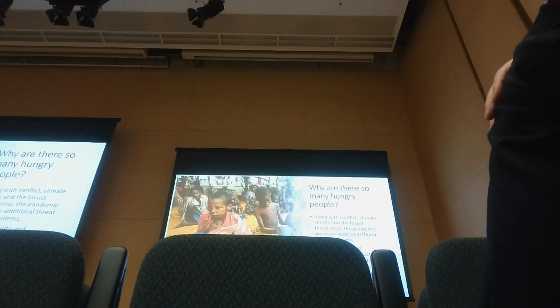Civil insecurity and declining food production. If you think about the pandemic, you also have some impact on food production and transportation, right? Because of a lot of lockdown events happening, those also contribute to hunger problems, right?